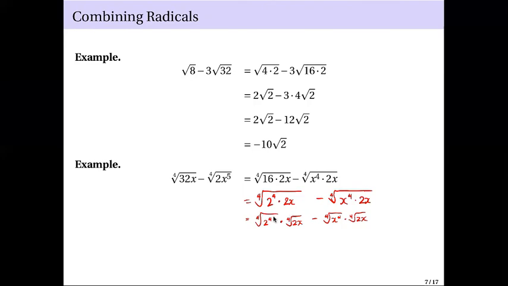And then fourth root of 2 to the 4, you'll just get 2 in here. Correct? So times fourth root of 2x minus fourth root of x to the 4. This is now simply x. And then we have fourth root of 2x.